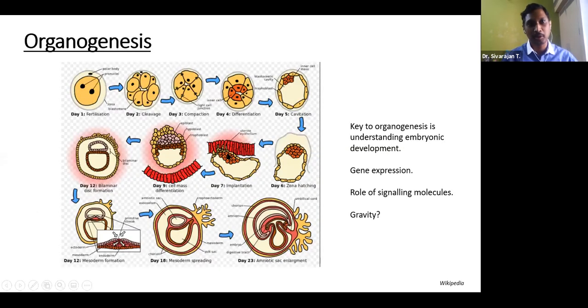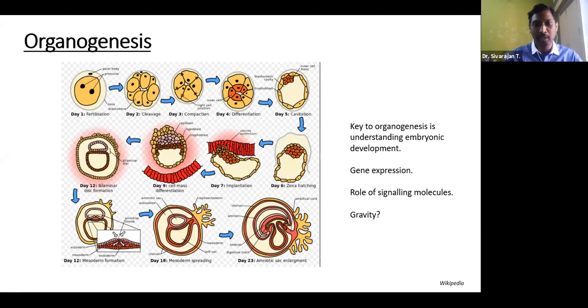So let's talk about organogenesis. Organoids are nothing but mini organs. So from what do we learn? We learn from organogenesis. Organogenesis is when an egg gets fertilized to form an embryo, the single cell divides to make its own copies, and then later on divides to form 3 basic lineages: endoderm, ectoderm, and mesoderm.